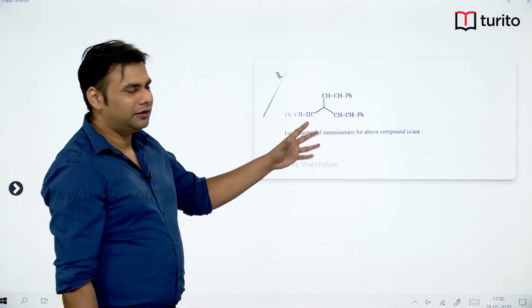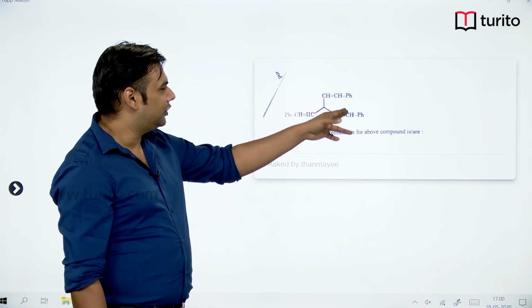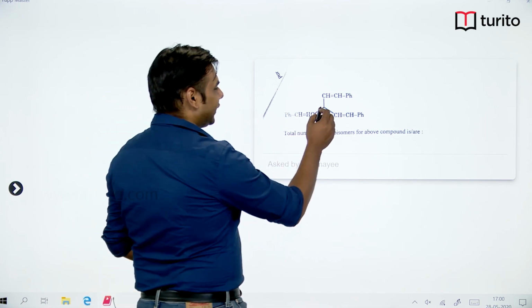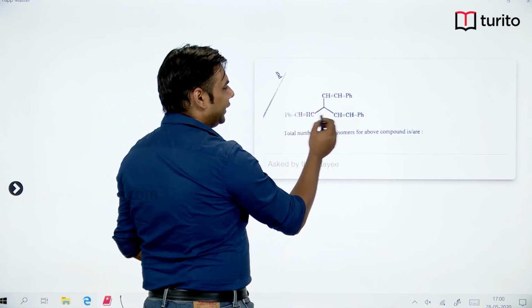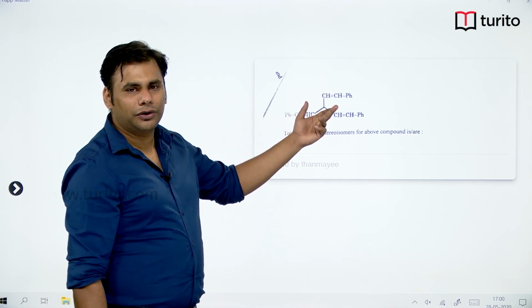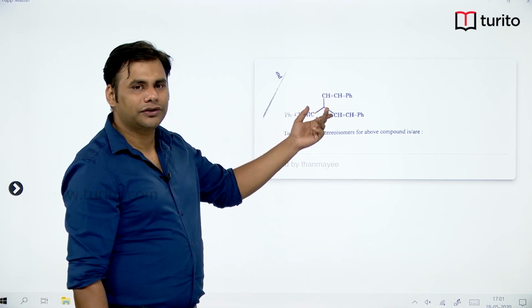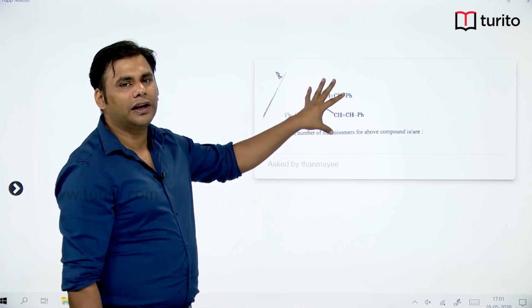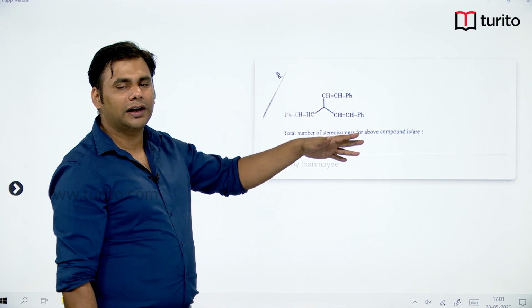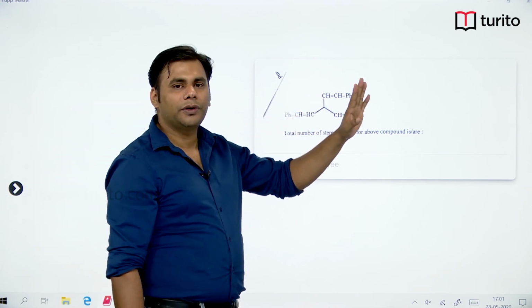This is a very easy question. You just have to consider the geometrical isomers of this, this and this. Because if you look at this carbon, all three groups are the same. So if suppose one is cis and the other two are trans, or one is trans and the other two are cis, this will always be optically inactive. So this carbon is always optically inactive, and you don't have to check for optical isomers. You basically have to check for geometrical isomers.